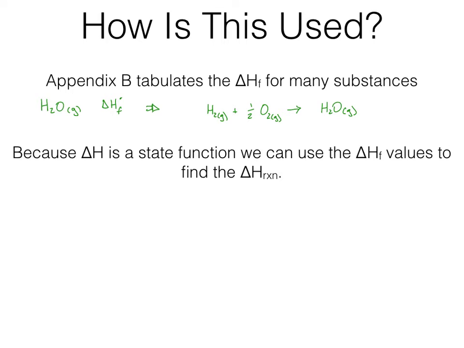Now, it's very likely that you are not going to want the value of the formation of water, but instead you're going to have a reaction that has water in it. Say that we have a combustion reaction: methane plus oxygen goes to form CO2 gas plus water gas. I have to balance this, so I need 2 of these and 2 of these.